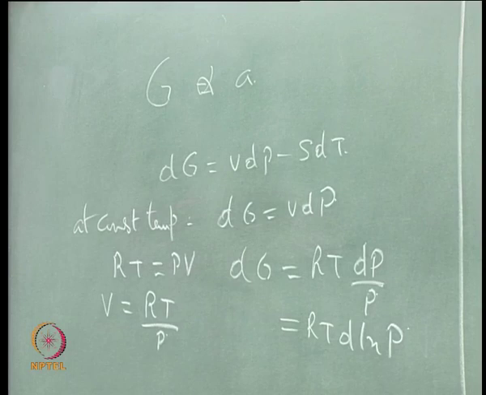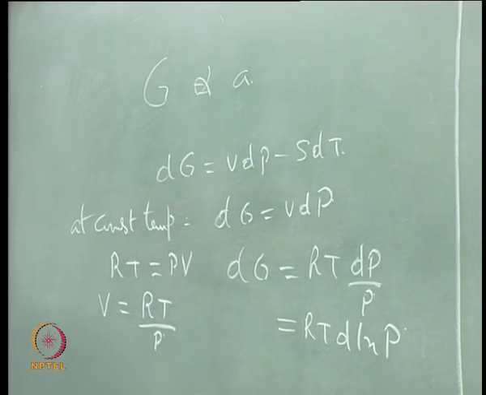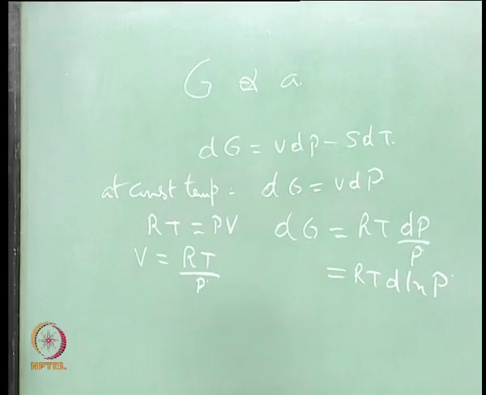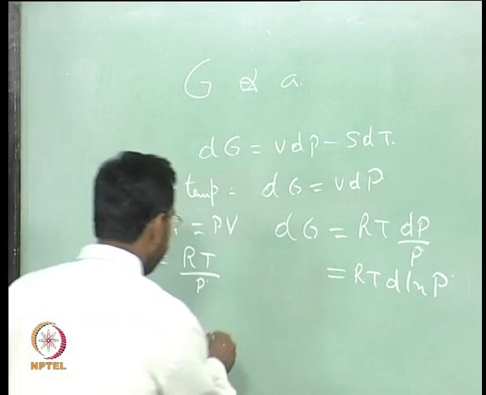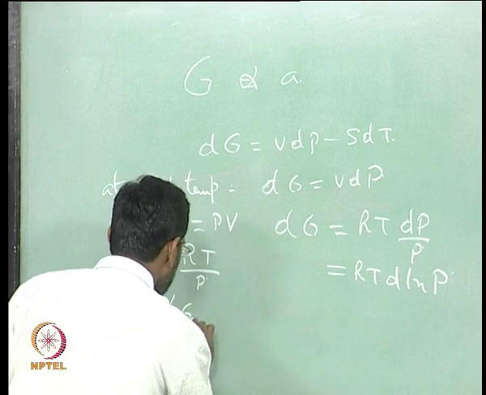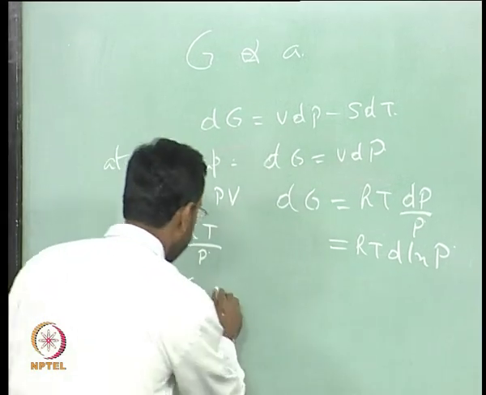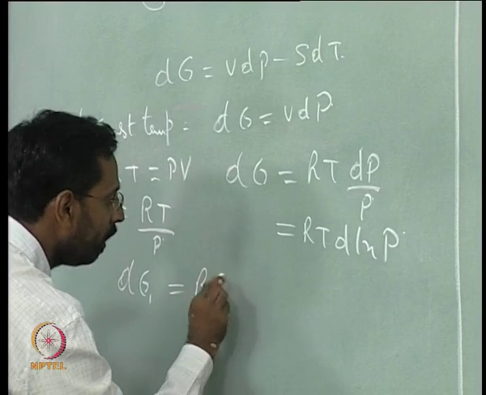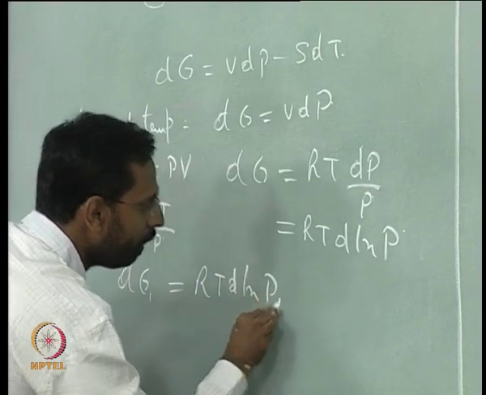And in this now if I simply look at two pressures, let us say, I can say dG1 can be written as RT d ln P1.